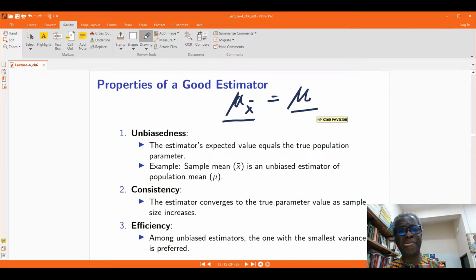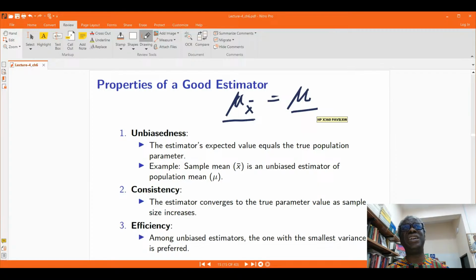So efficiency is about the variability, but it's also tied to only those estimators that are unbiased. If an estimator is biased already, it's not even considered as far as efficiency is concerned.